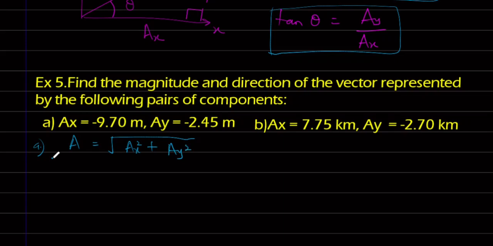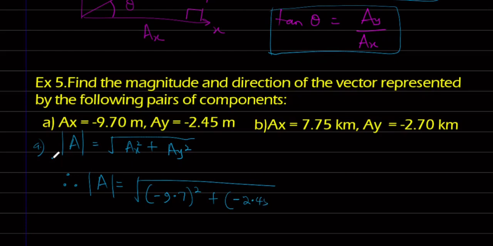So the magnitude of the vector is going to be, AX is minus 9.7. We have to include the sign since we are dealing with vectors, plus AY is minus 2.45.